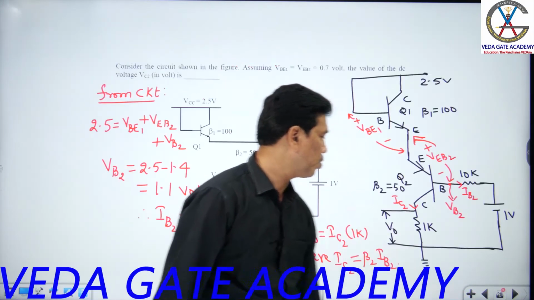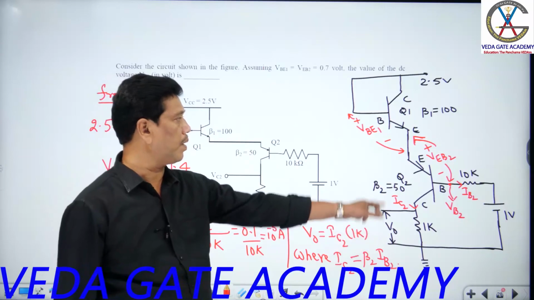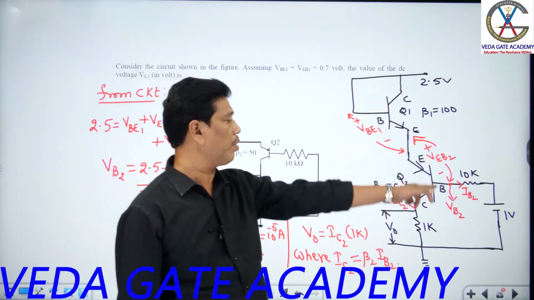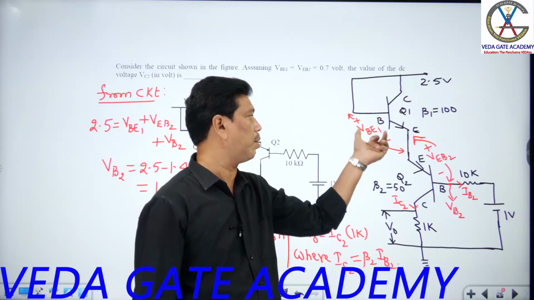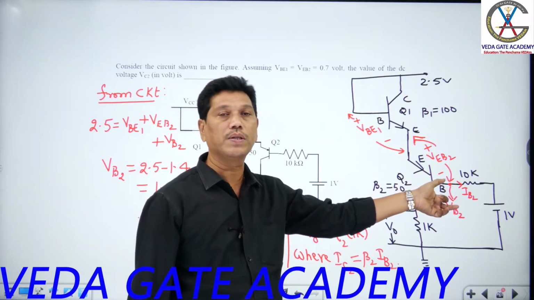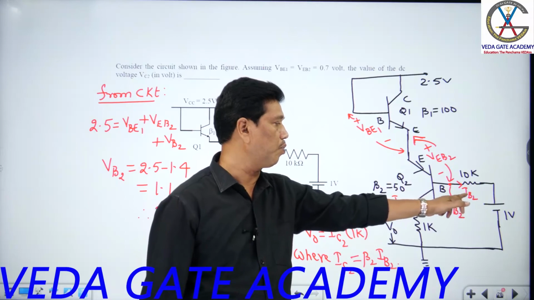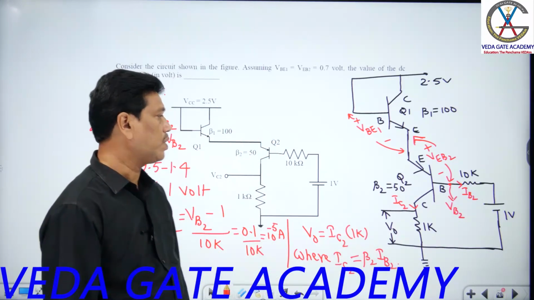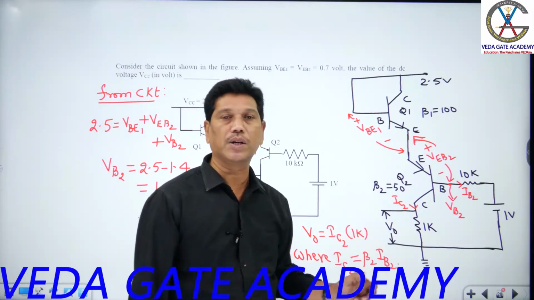Understand this? To get V naught, first I calculate VB2. How to get VB2: from this 2.5 you subtract these two drops, students. VB2 is obtained. Once you know VB2, I calculate IB2, which becomes 10 power minus 5 ampere. Once I get IB2, then I can calculate IC2, students.